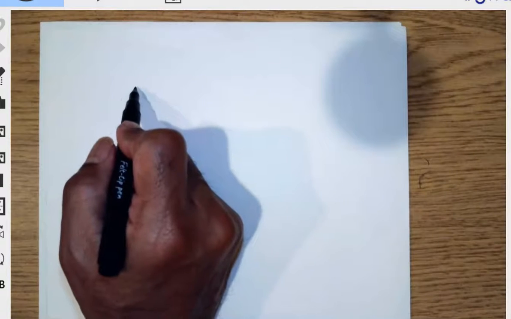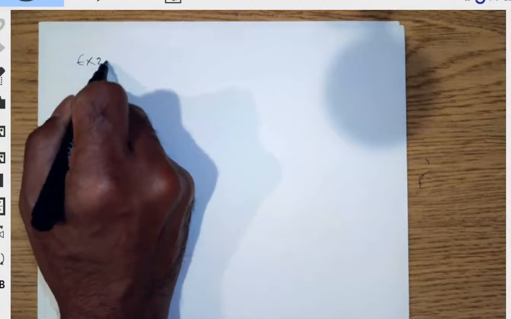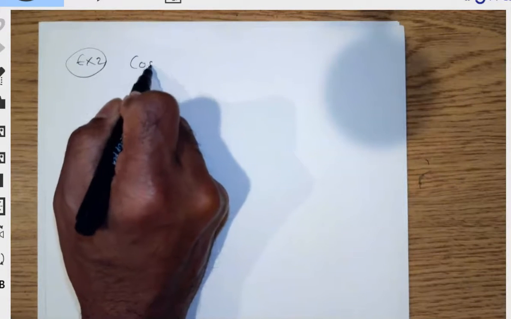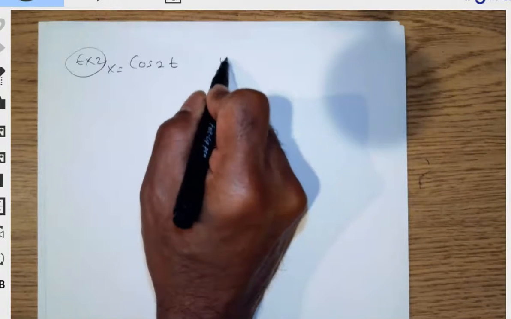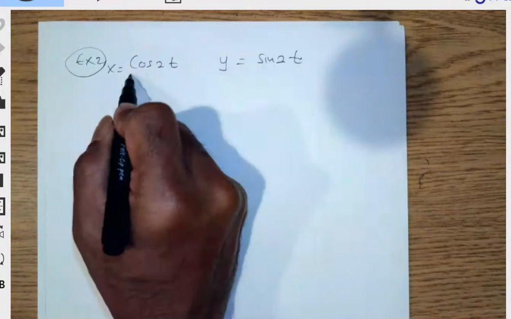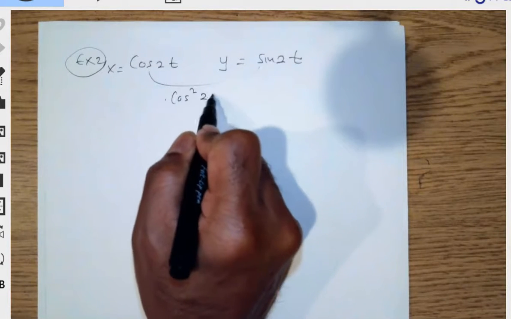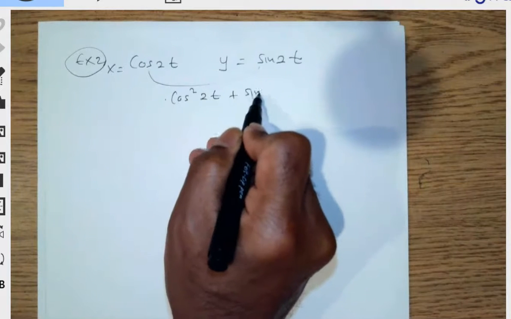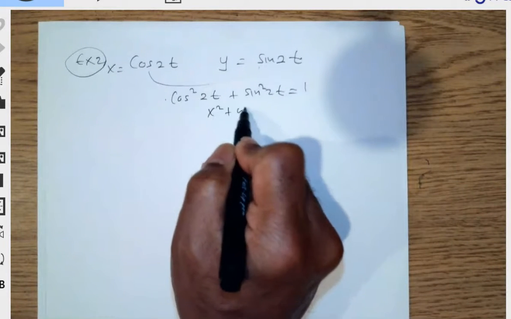So you need to be careful when you are doing this, right? Because just take an example. So let's take my example 2 as this. Let's take x to be equal to cosine 2t and y to be equal to sine 2t. So once again, if you want to get a connection between these two, you get cosine squared 2t plus sine squared 2t equals 1, which is x squared plus y squared is equal to 1.